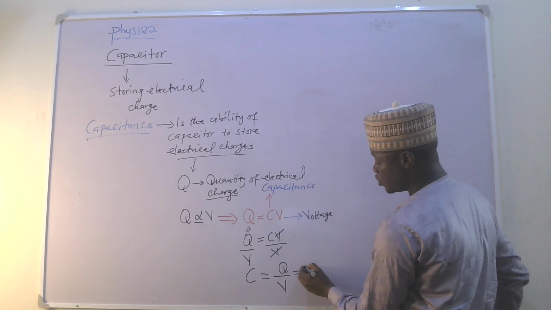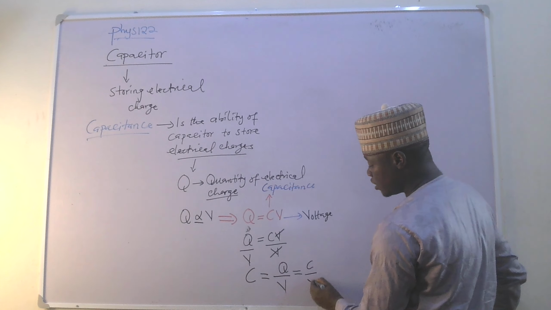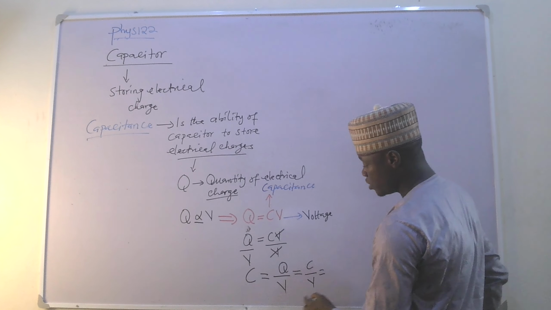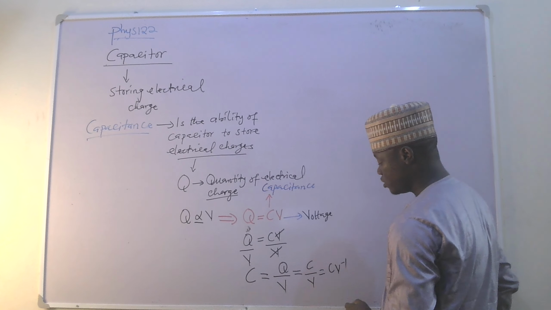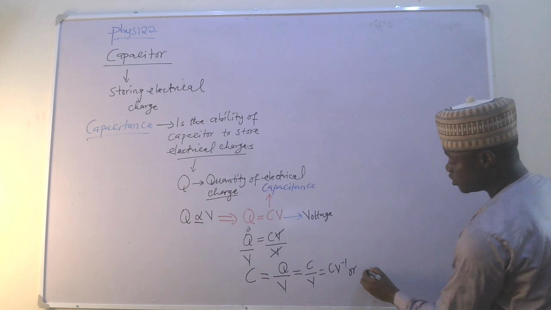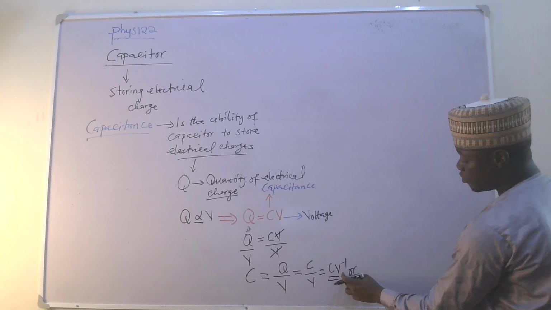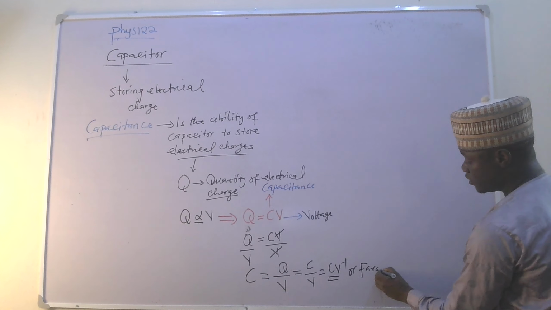The Q is measured in coulombs, while V stands for volts. So therefore, capacitance can be measured as coulomb per volt, or farad.